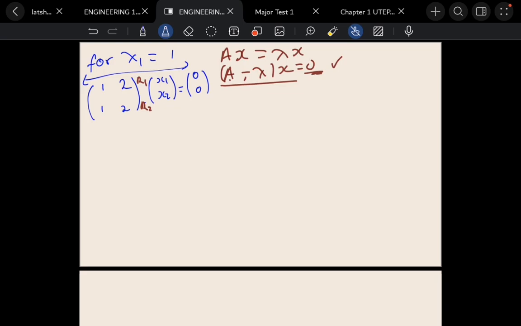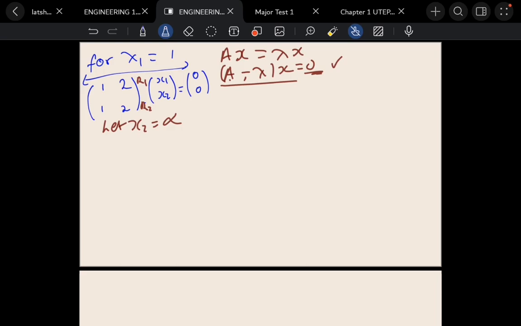Because we have a 0 row, we are left with the first row, and the first row has two unknowns, x1 and x2. Because we have two unknowns and one equation, the second unknown we let be alpha, because it's the free variable that you are going to get.